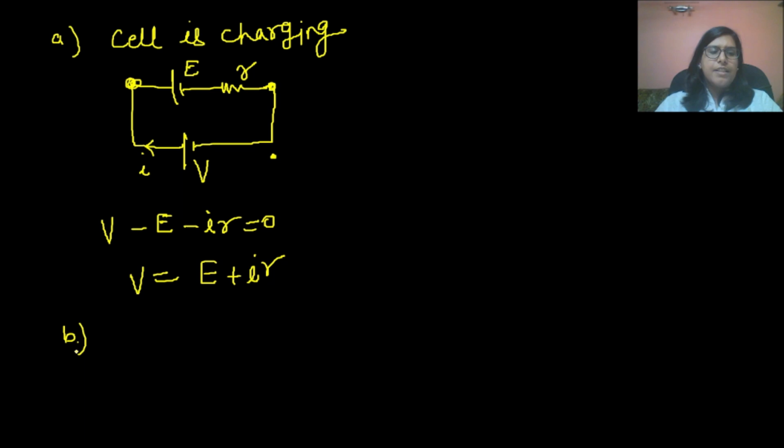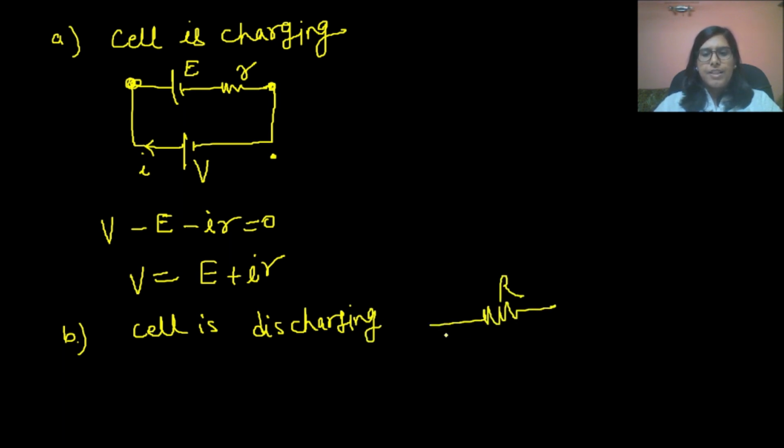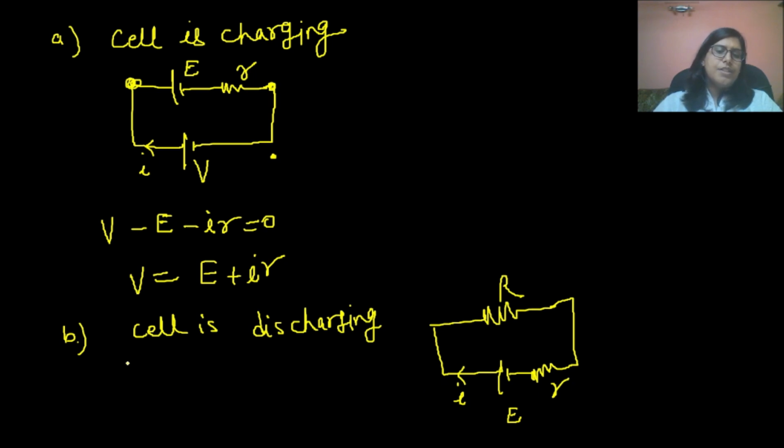When the cell is discharging, that means we are withdrawing power from the cell. So suppose this is the circuit, this is the external resistance, this is the cell with internal resistance r, current is I. Then we have already seen the voltage across the cell will be V equals to E minus I into r.